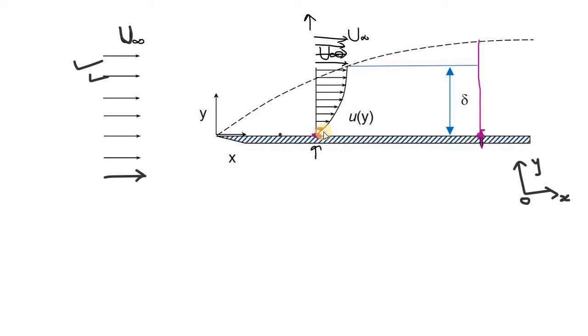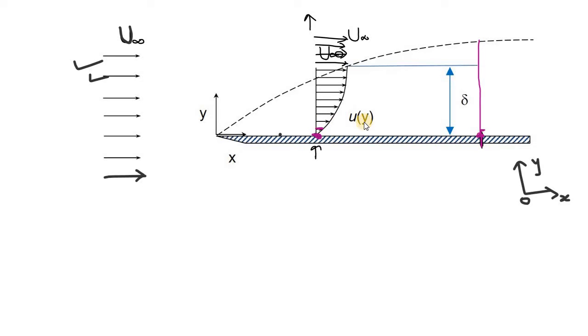Because this layer has already traveled some distance over this surface. So this is the effect of the length of the surface.